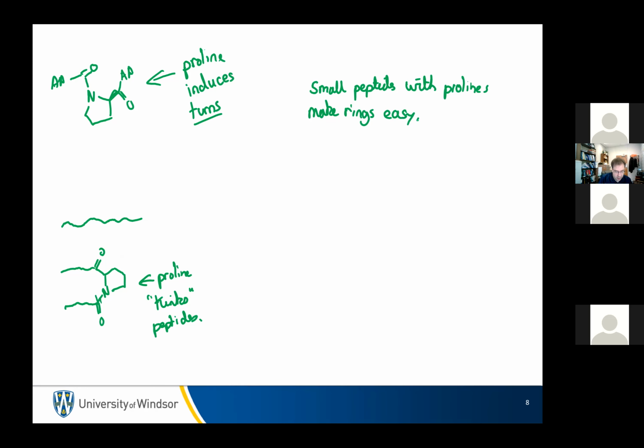Because what's important here is that it's less sterically hindered for this to fold back on itself than it is for itself to interact with the ring. So it's this whole idea that we have this 5-membered ring that kind of locks things out and doesn't allow it to extend out. It wants to fold back. If we can fake that 5-membered ring, then maybe we can add other residues to this whole proline thing and make use of this strategy to make small rings.